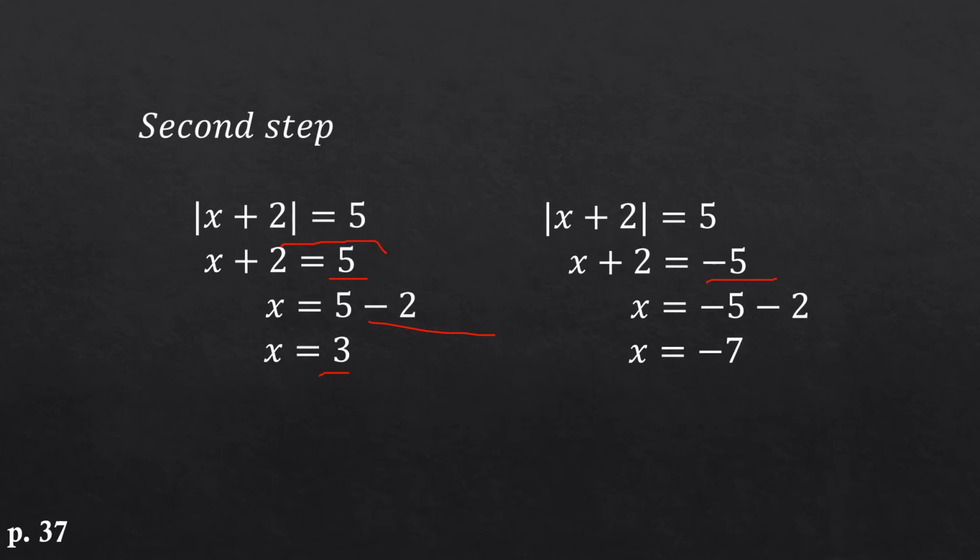So x equals 3. This is one number of the absolute value, which is positive. And the other number, when you move 2 to the other side, will be negative 2, okay? So negative 5 and negative 2 will be negative 7. So the solution has a positive 3 and a negative 7.